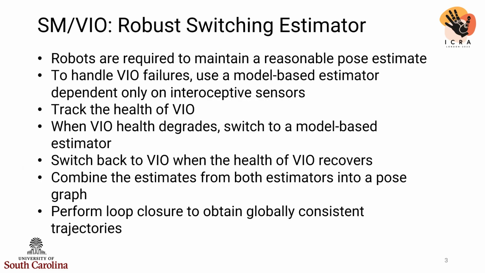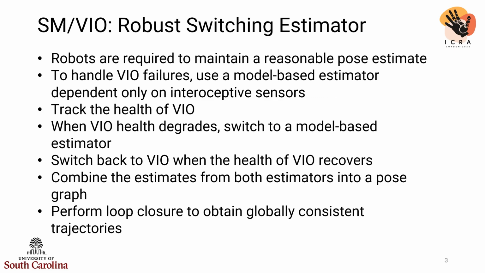During field experiments, robots are required to maintain a reasonable pose estimate. To handle scenarios of VIO failure, we propose to use a model-based estimator dependent only on interoceptive sensors. We track the health of the VIO based on various criteria, and whenever VIO health degrades, we switch to the model-based estimator.